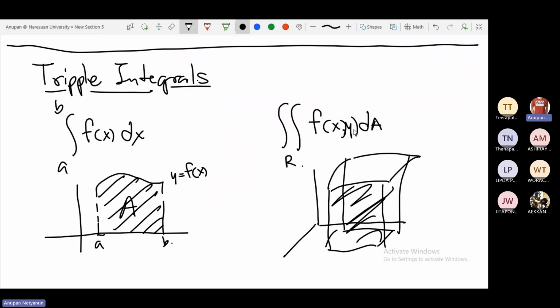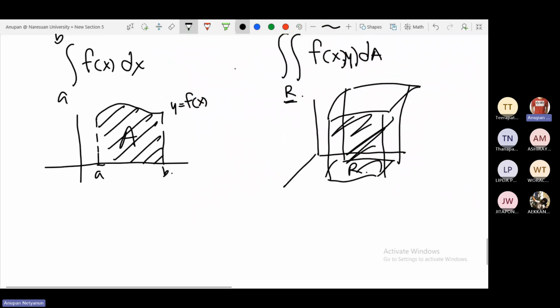But the outcome for the double integral, you get a solid object in 3 dimensions, which is you are going to get the volume. And the region R is an interval from A to B. So you can guess an idea.